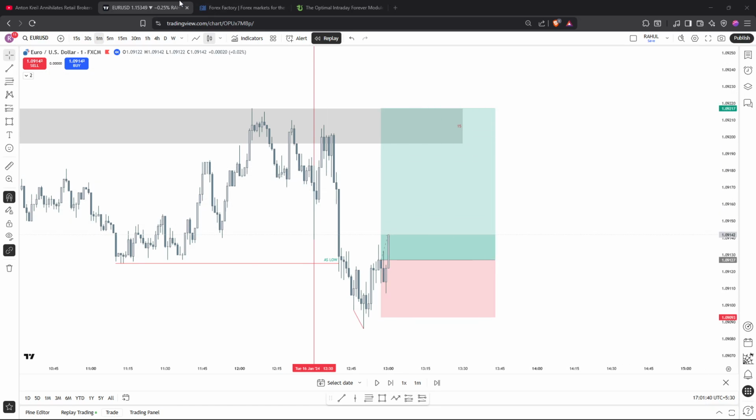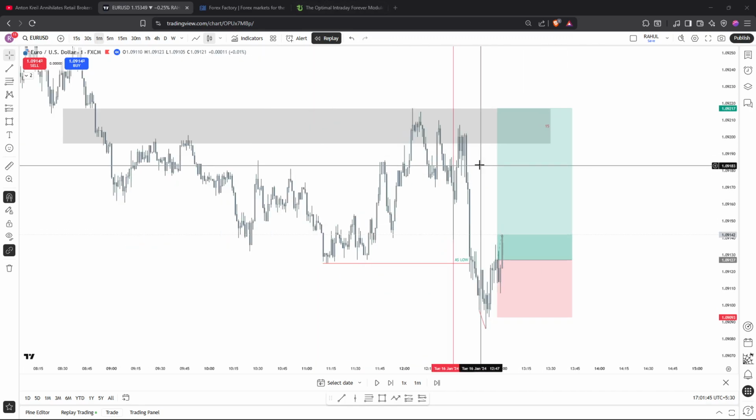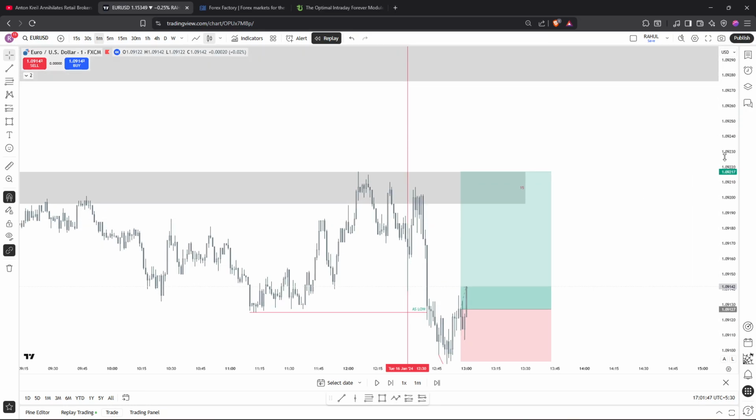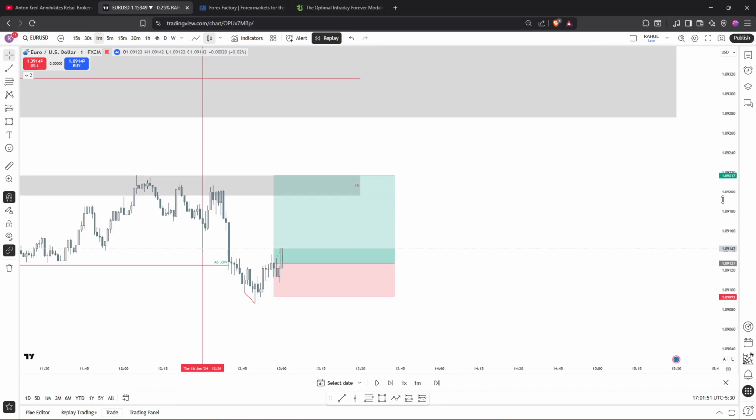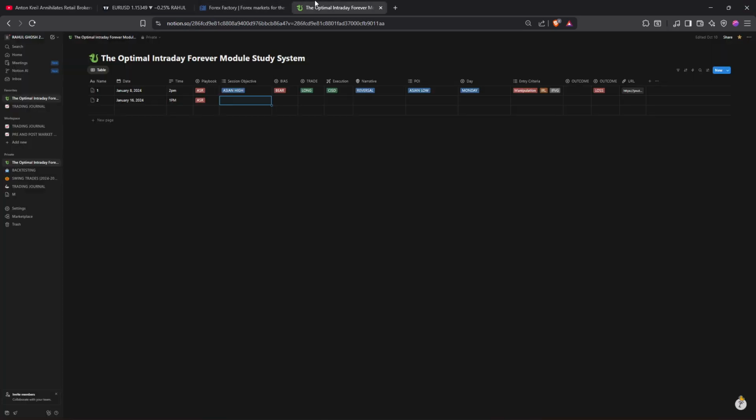I think the session objective for today was, for the starting union, to balance liquidity in the 4-hour time frame, so I can just say rebalance liquidity.